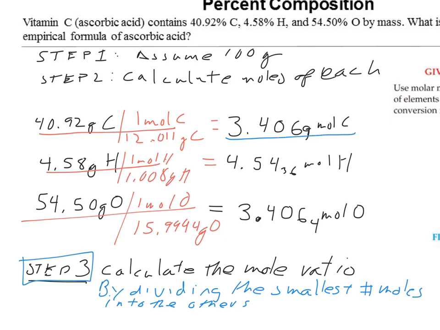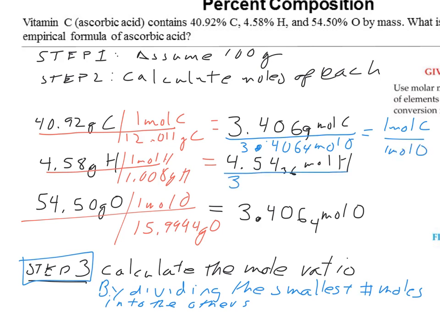So I'm dividing 3.406 moles of carbon by 3.4064 moles of oxygen. And I get 1 mole of carbon for every 1 mole of oxygen I have.